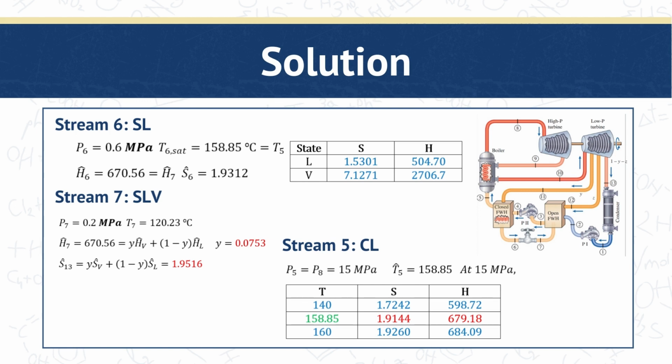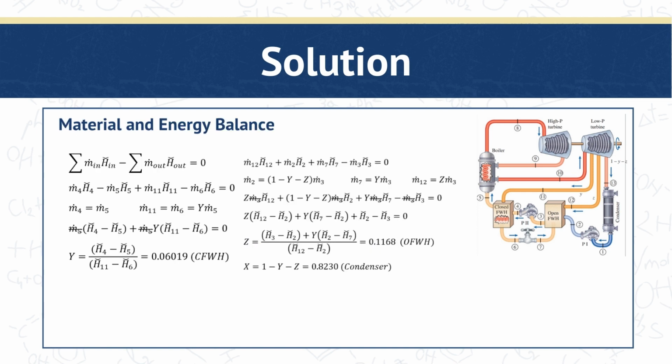At 15 megapascals from the liquid table, we have these properties. And from the temperature, which is our tie value, we can get the entropy and the enthalpy. So now we are finished calculating the properties of every stream.